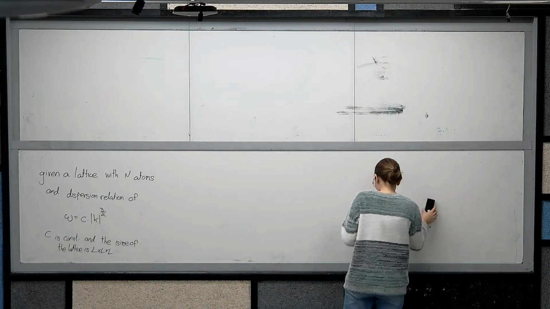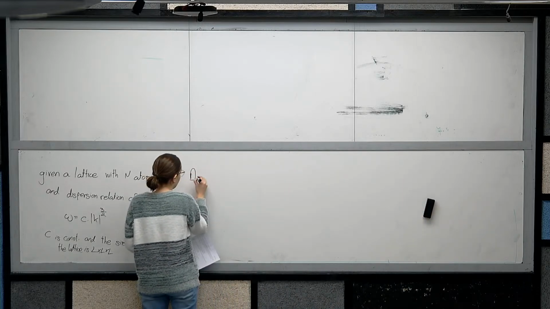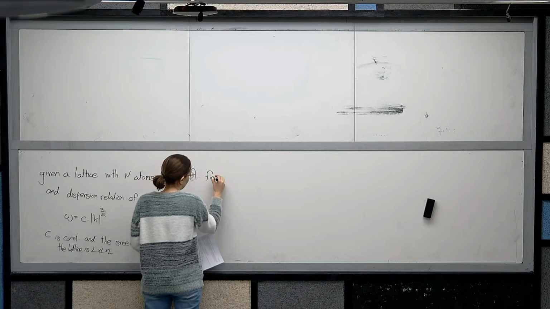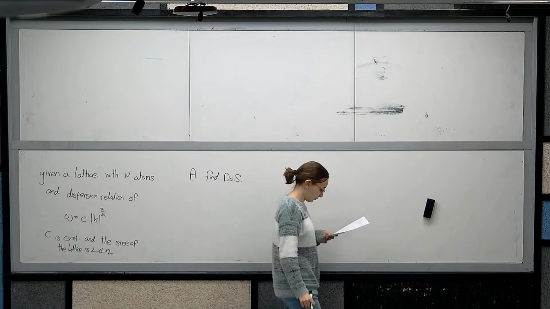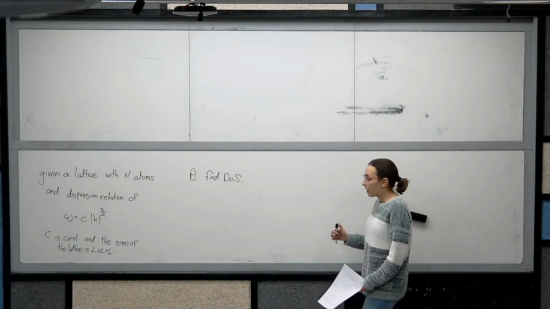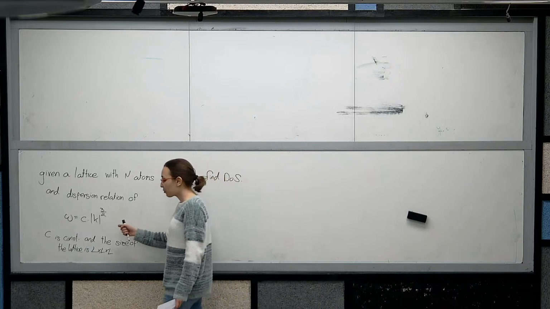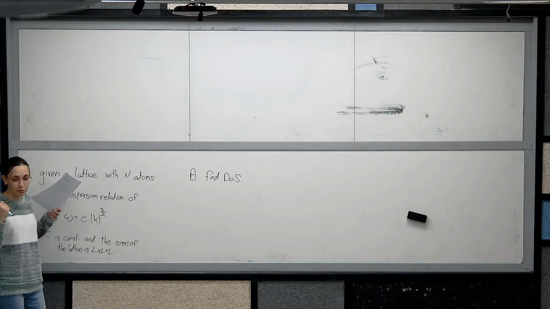First we want to find the density of states. Because we have the dispersion relation, we have an easier job than in the past tutorial.